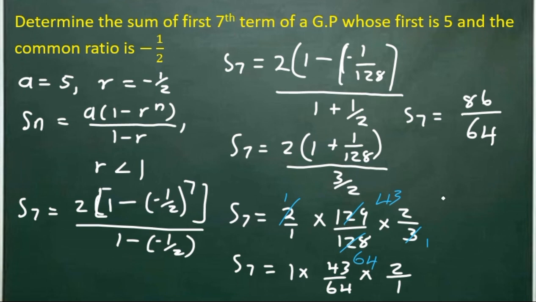We can still reduce this. 86 divided by 64, using 2 to reduce it, S7 equals 43 divided by 64 divided by 2, which is 32. So we can say that the sum of the 7 terms of this series is 43 divided by 32.